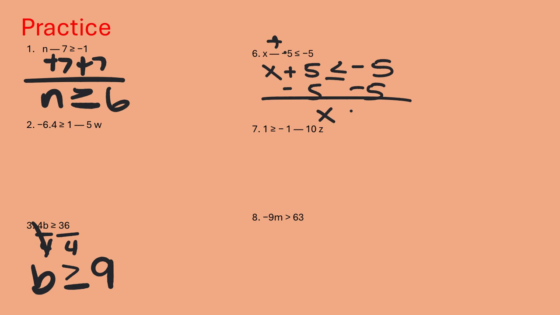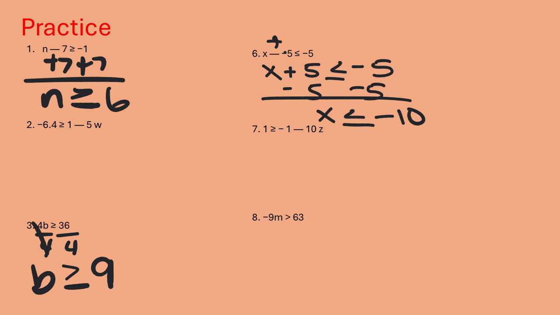So x is less than or equal to, what's negative 5 minus 5? Negative 10. Do I have to reverse my signs? I'm just subtracting, okay? When we subtract or add, using properties of inequality, we do not change our signs. Only when we're dividing or multiplying by a negative number.